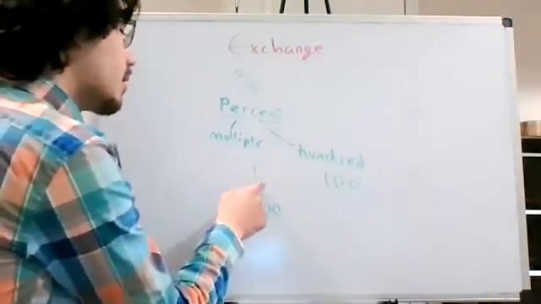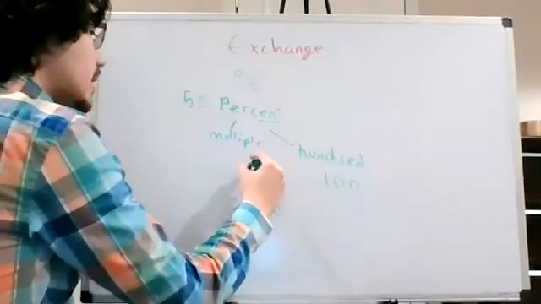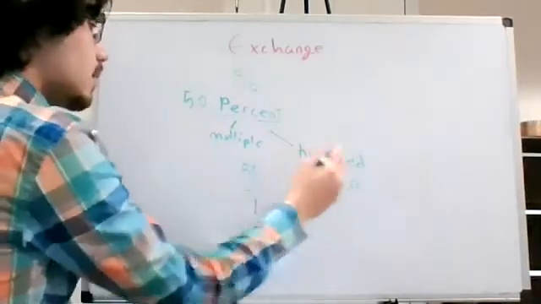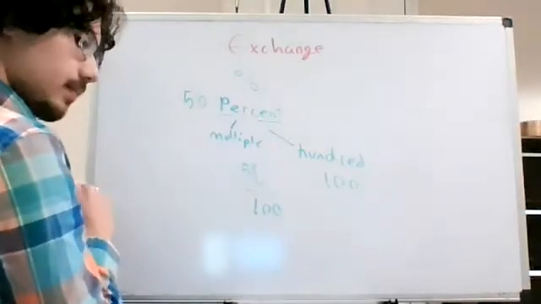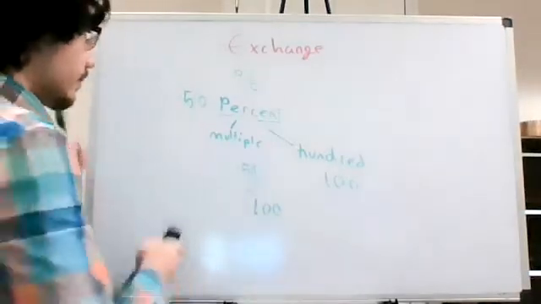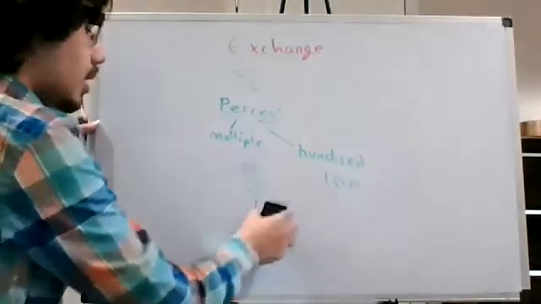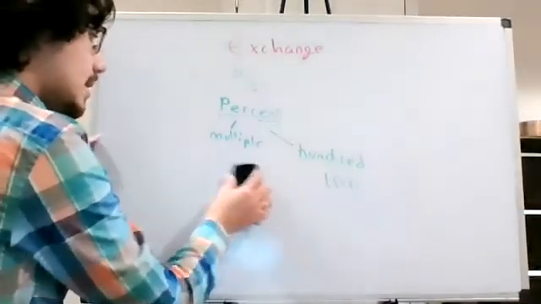So a certain number over 100. If we were to say 50%, it would be 50 multiple of 100, so 50 over 100, or 50 per 100. That is the ratio that we get from this.